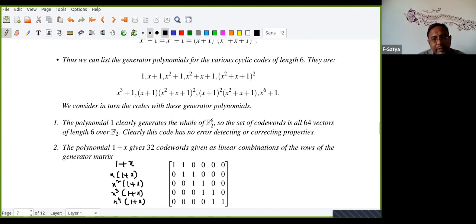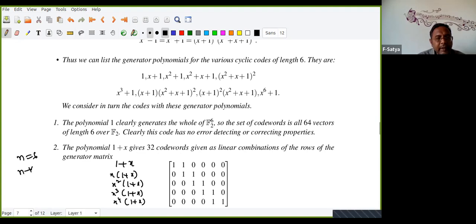I will stop there. Why? I'm working in x6, so I can go up to polynomials of degree 5. Now, what is the size of this matrix? My g(x) degree is 1, and my n is equal to 6.